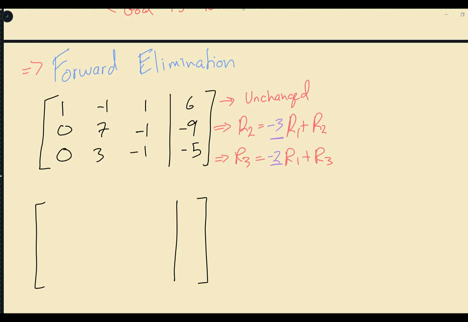So in this next step, the first 2 rows are going to be the same, so unchanged. So 0, 7, -1, -9, and these 2 here are unchanged from the previous step. Row 3, on the other hand, needs to be modified. And in this case, you always want to use row 2 to modify row 3.